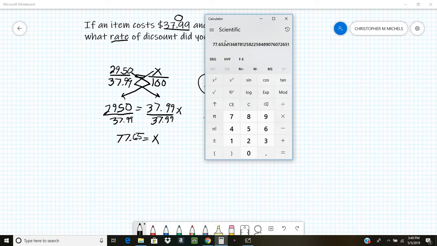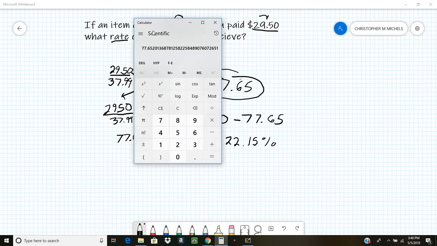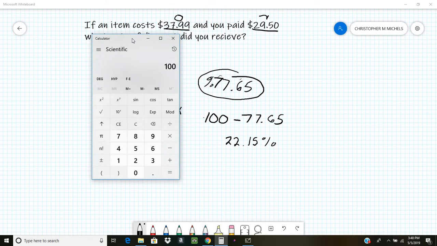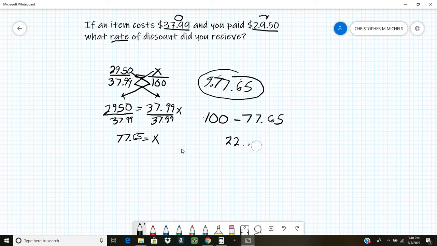I think I pushed times. 100 minus 77.65, so we get 22.35. I'm a little off on my math there. Apologies, but I'm human. I'm fallible like everybody else. So we got 22.35%, which seems more feasible for the percent of discount we're receiving.